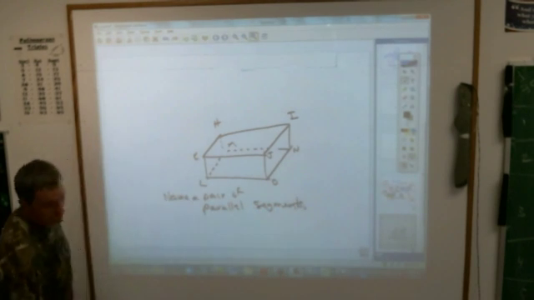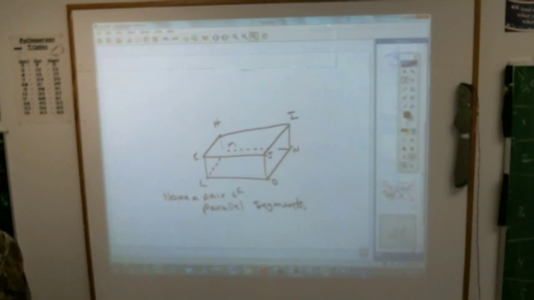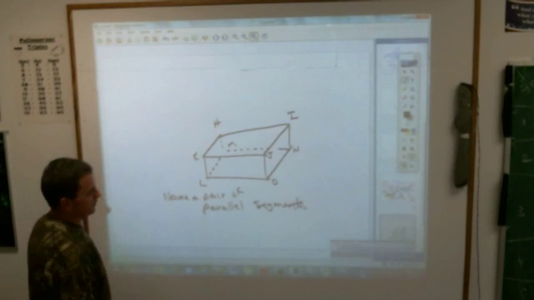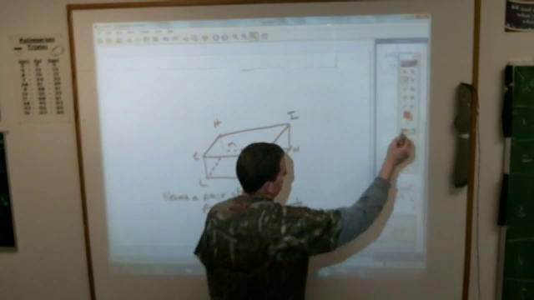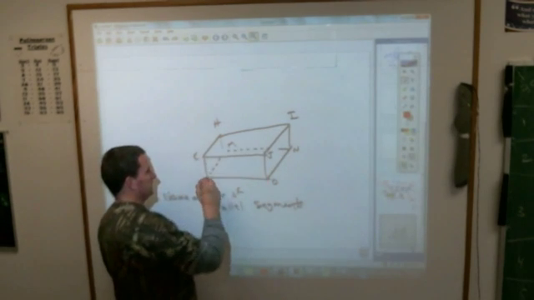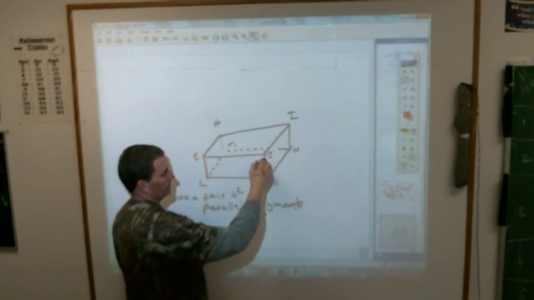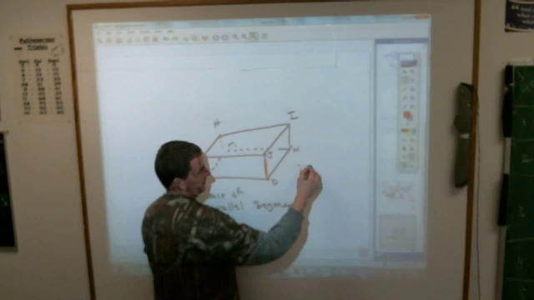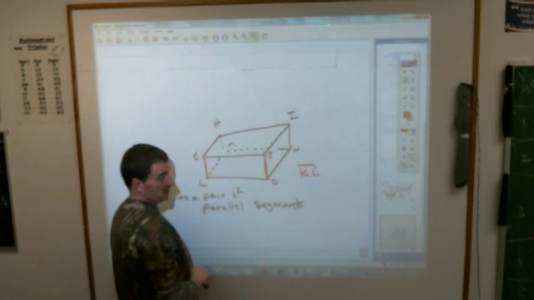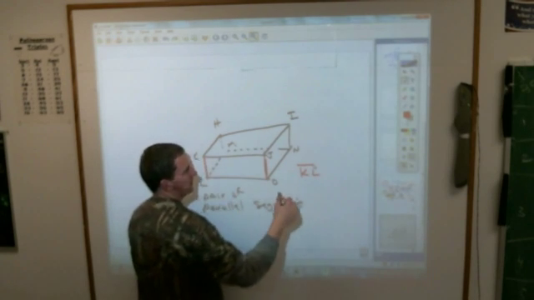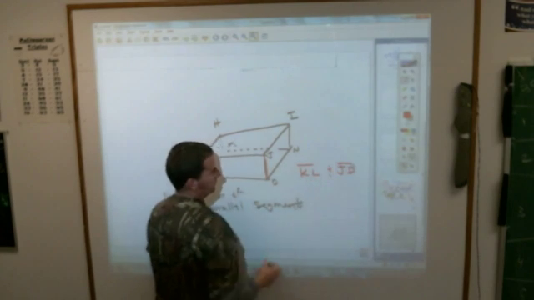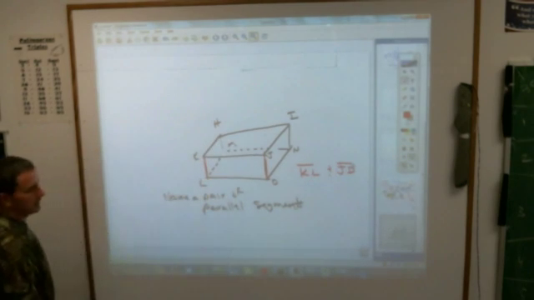Okay, remember when you do this, there are a bunch of them. You have to put the line over above what you're talking about. In other words, let's say, and there are gazillions of them, KL is parallel to JD. So you would write KL, put a line segment above it. It doesn't have arrows because that says it's a line. It is a segment. And you have to put that little line above it so that somebody knows that it's a segment.